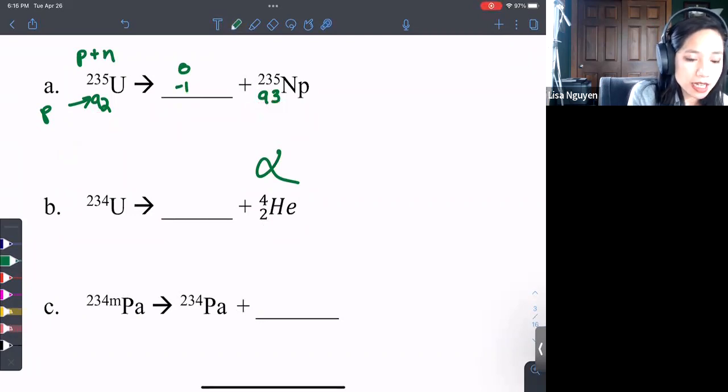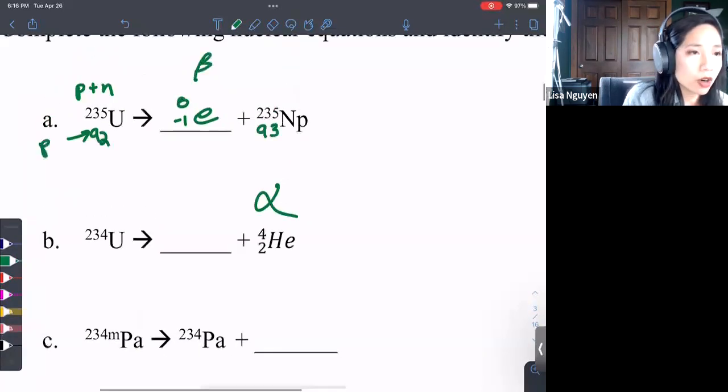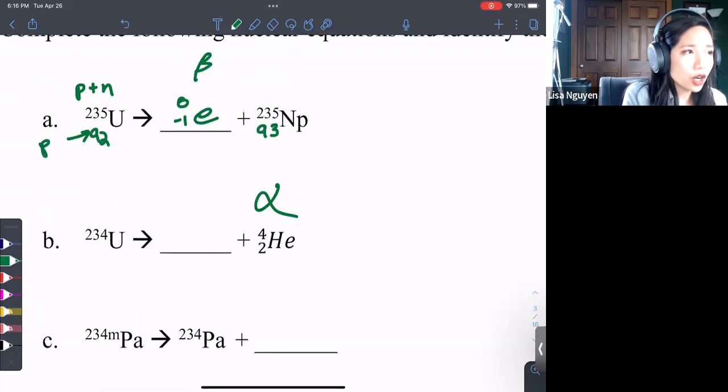So the missing piece is a beta particle, sometimes written with an e. With emission of a beta particle, the identity of your element actually changes, because basically a neutron is losing an electron and becoming a proton. That's essentially what beta emission is.